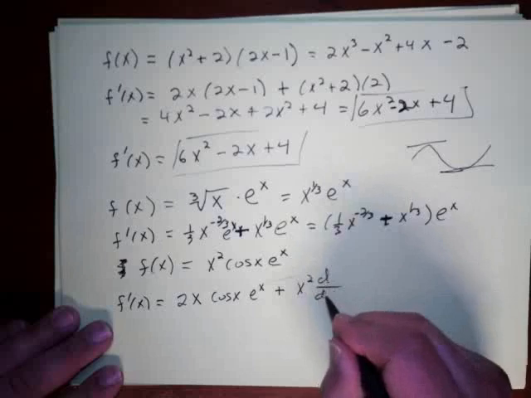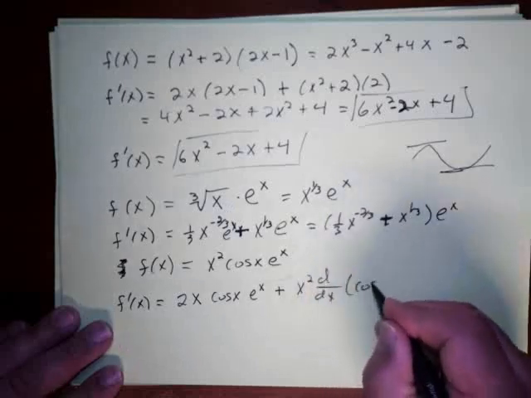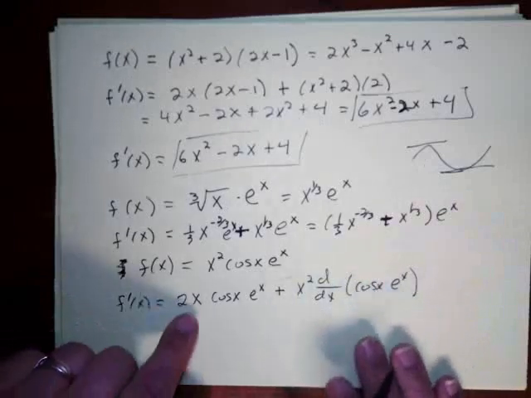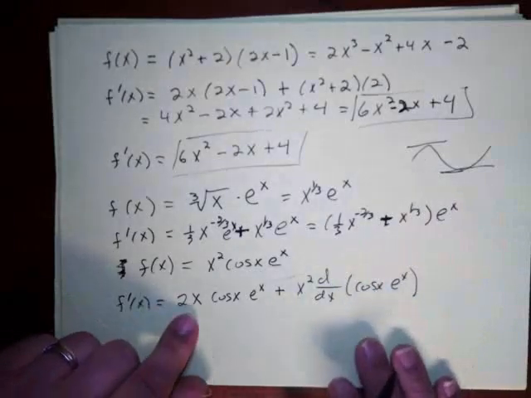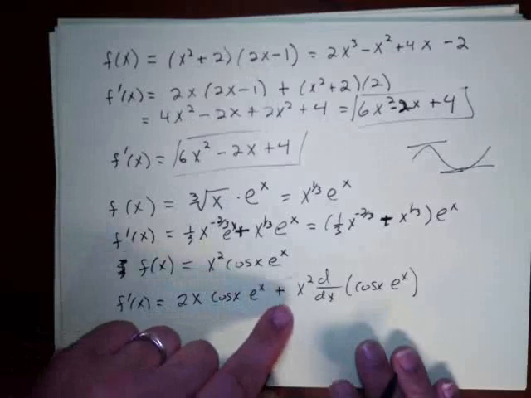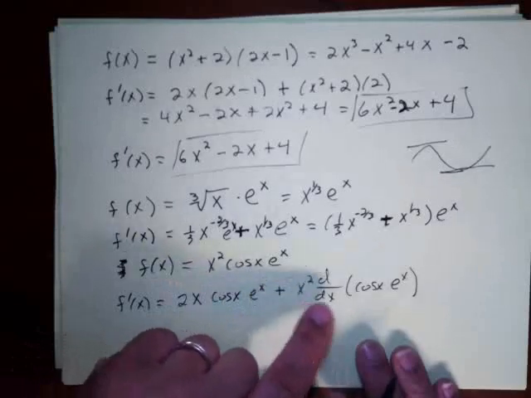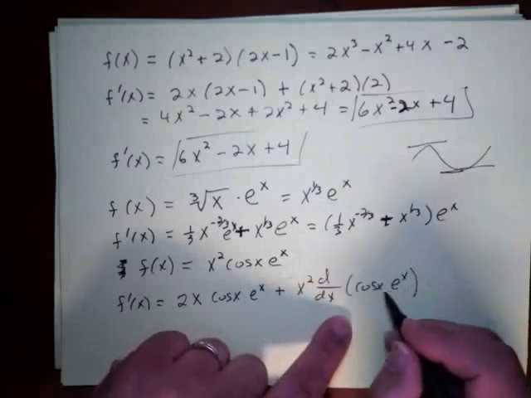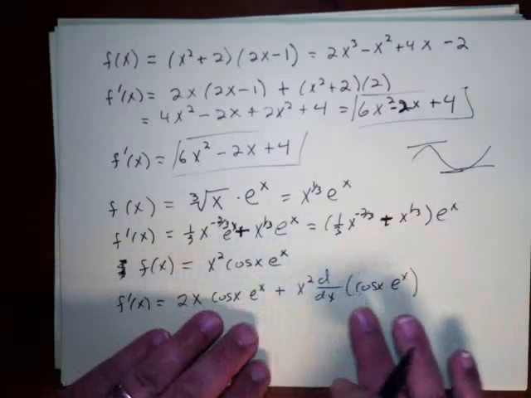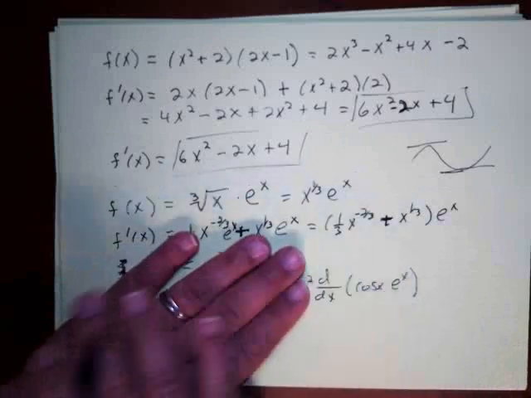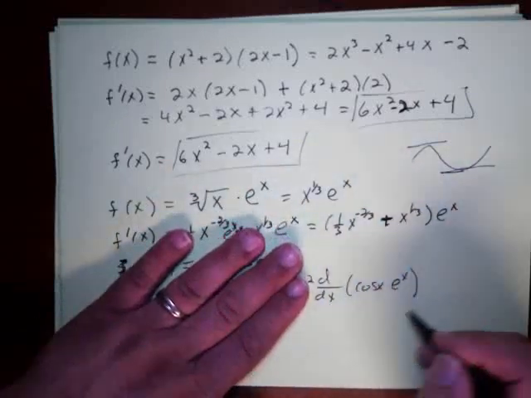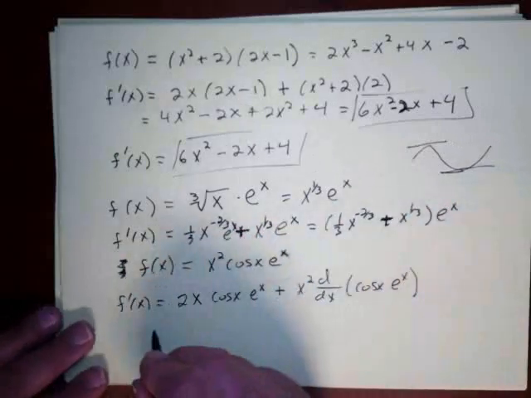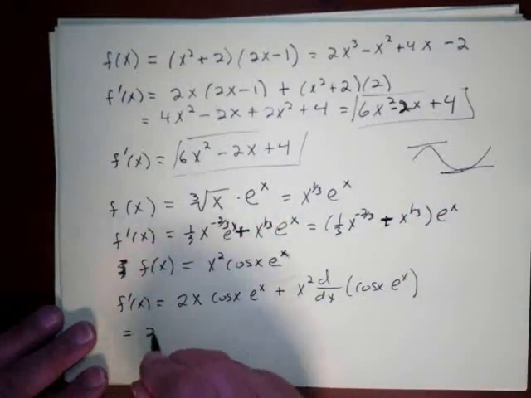Sometimes I find it helpful to write it like this: the derivative of this times this function plus the function times the derivative of this function. And if this one is more complicated, instead of trying to do it all at once, I can pause, ignore all this, just calculate this derivative, and keep that in parentheses.